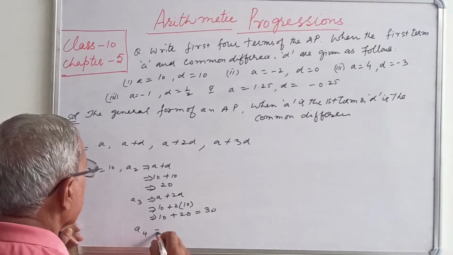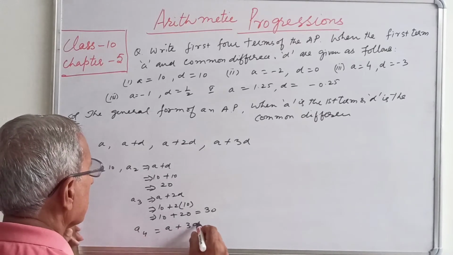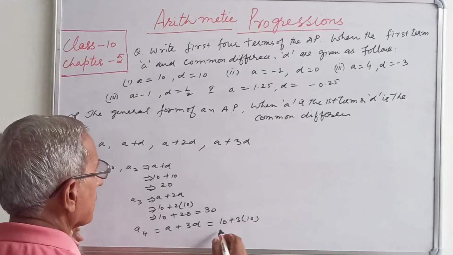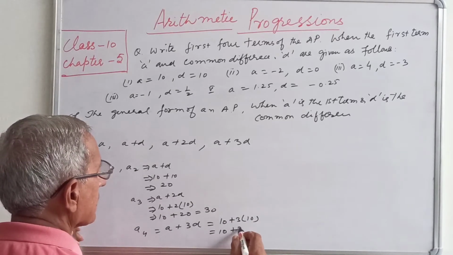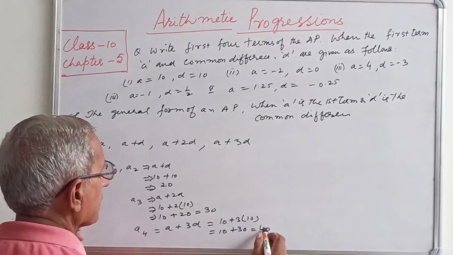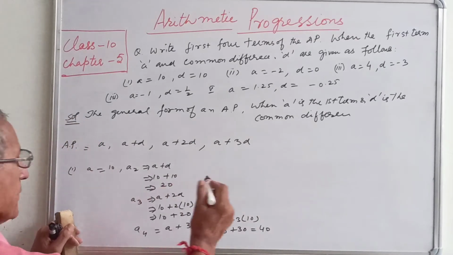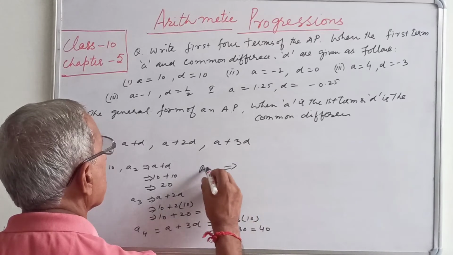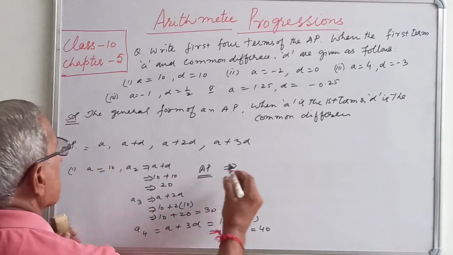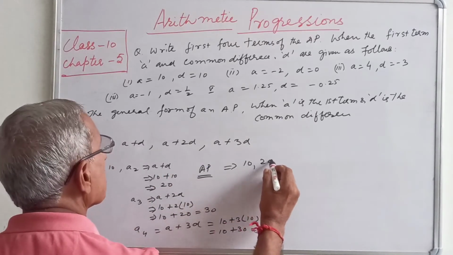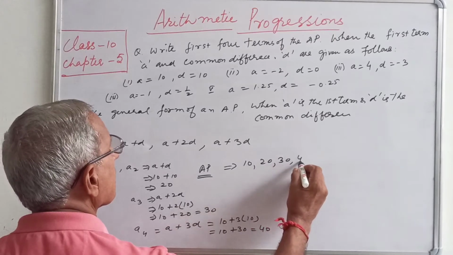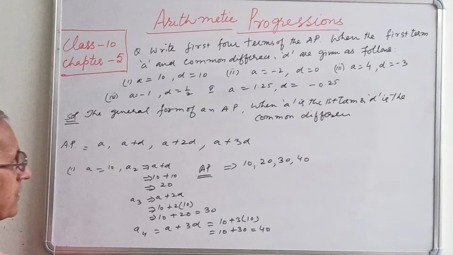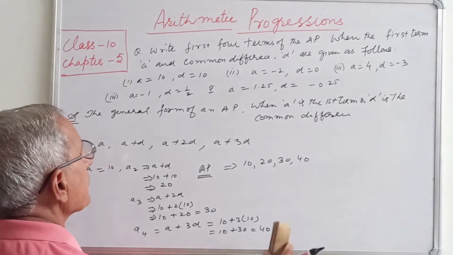A4, A plus 3D, so 10 plus 3 into 10, so 10 plus 30, that is 40. The 4 terms of the given AP are 10, 20, 30 and 40.